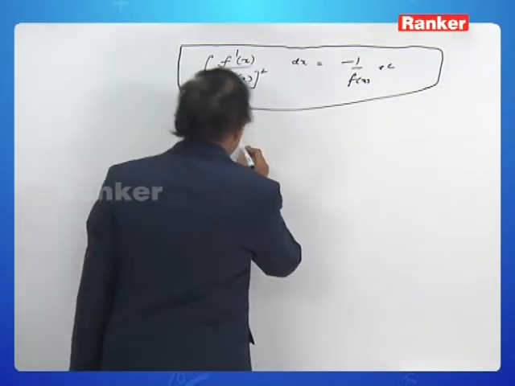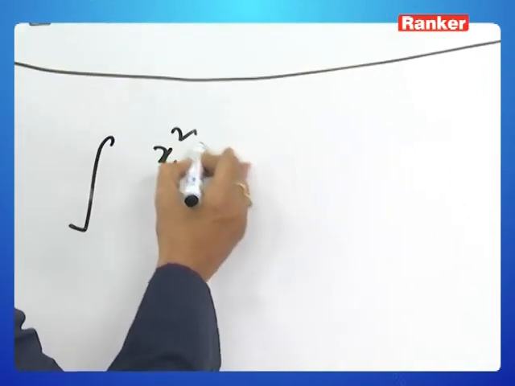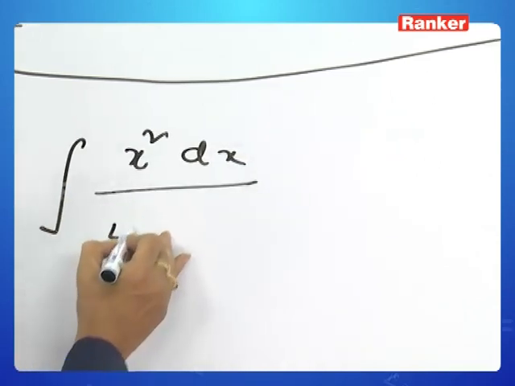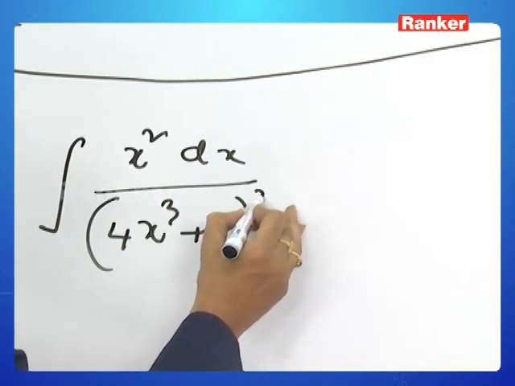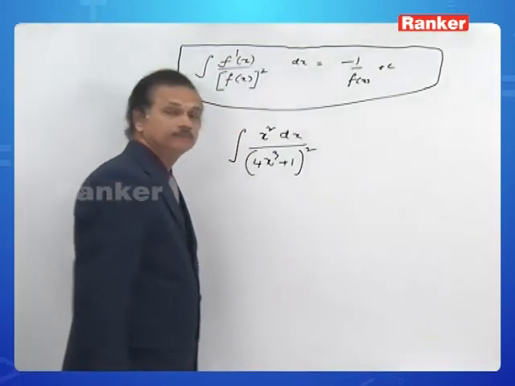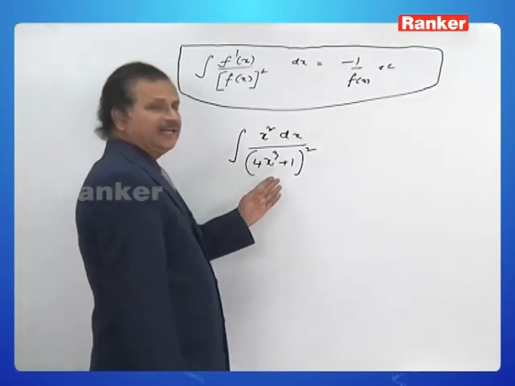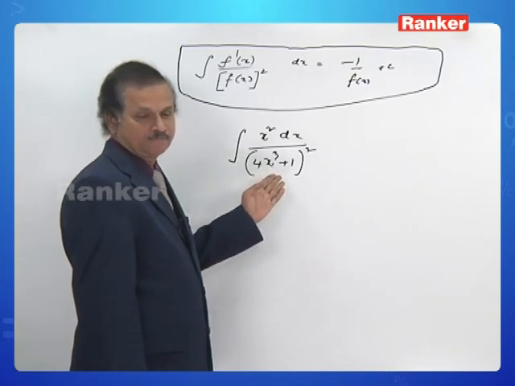Let us observe an example. Integral of x square dx by 4x cube plus 1 whole square. This is the integral given. I like to take this 4x cube plus 1 as f of x.